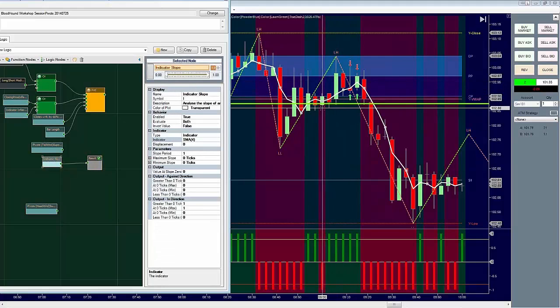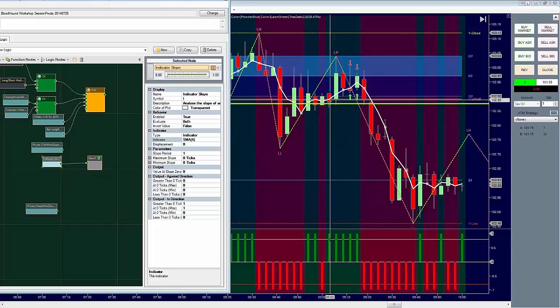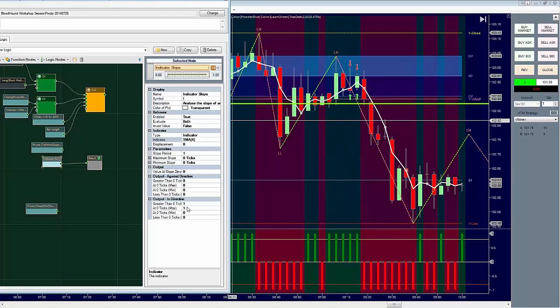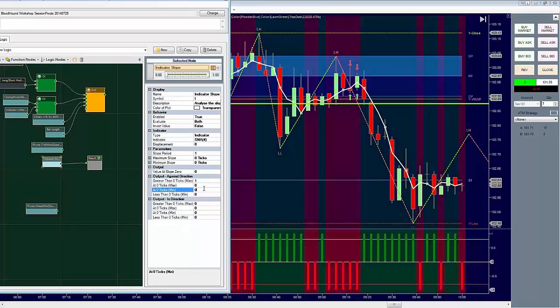But what I want to do is get a short signal when the SMA4 is sloping up. All right, so for these bars right here that we're getting long signals on, I want to actually get a short signal. So I'm going to change the output here. Output in direction, I'm going to turn those to 0, and then show output against direction, greater than 0 ticks or more.